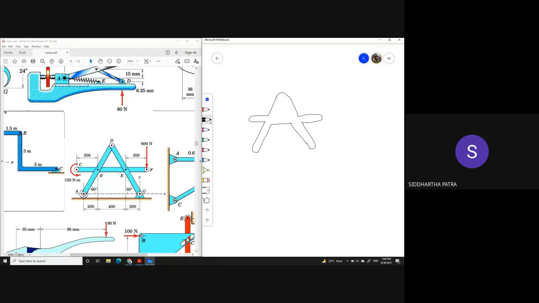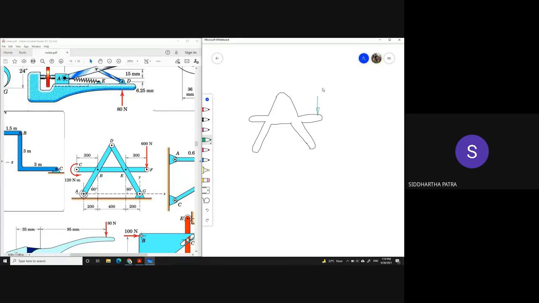For example, the two members CF and DG are both connected at E, and they are receiving forces from one another at E. But if I consider the whole structure, these two forces are actions and reactions, which means they are equal and opposite and acting at the same location. For the whole structure, therefore, we don't need to show that force. So when I'm drawing the free body diagram of the whole structure, this is how it would look.